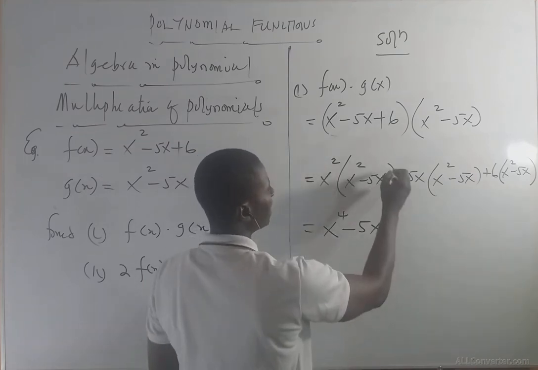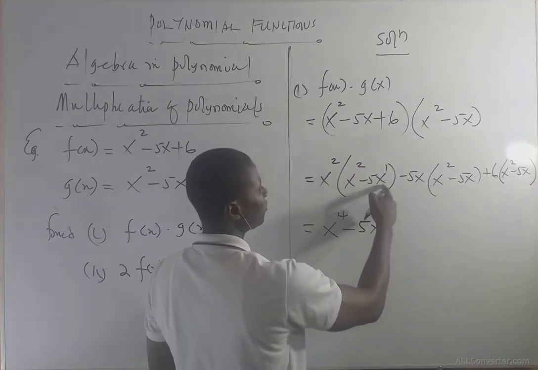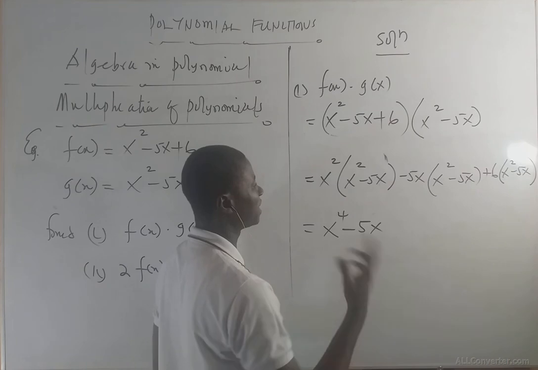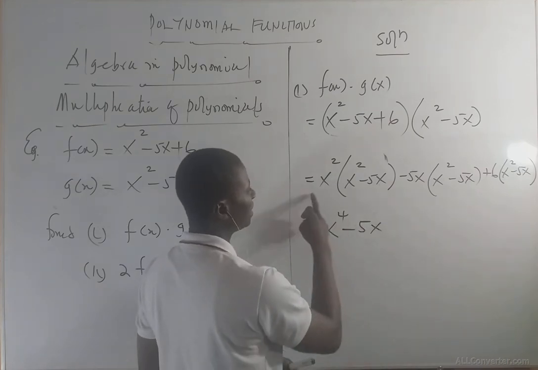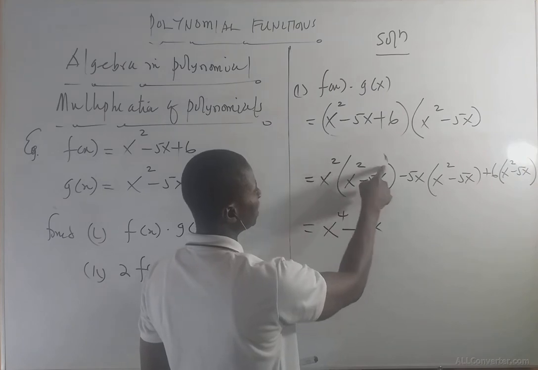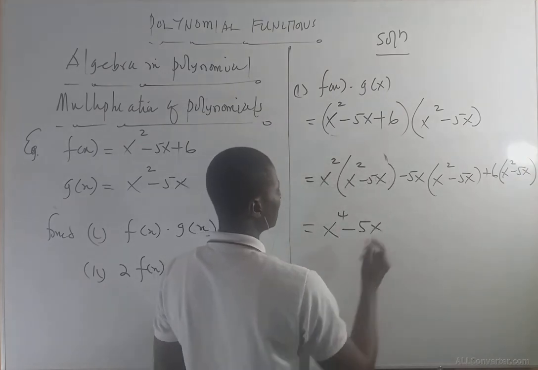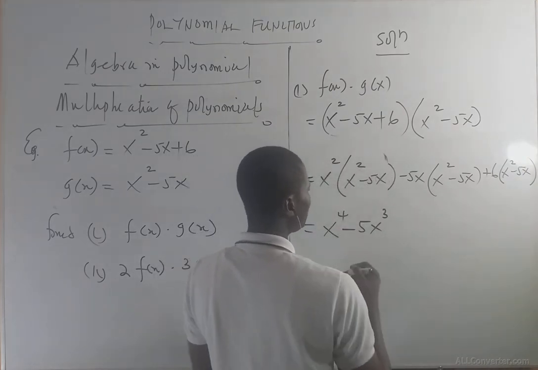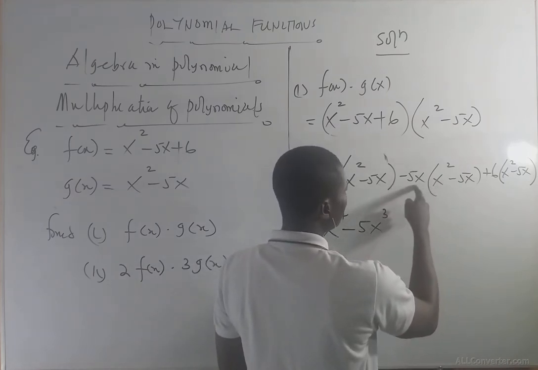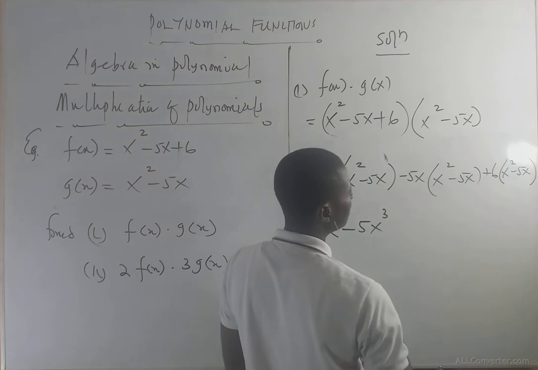And this one is x exponent 1. But x exponent 1 is the same as x. That's why the 1 cannot be seen, but there is 1 there. So if you are simplifying, don't forget that when you keep one of the bases constant, you have to add the exponent here to that exponent. So 2 plus that 1 will give us 3. So we have exponent 3. Then minus 5 times minus 5x times x exponent 2.